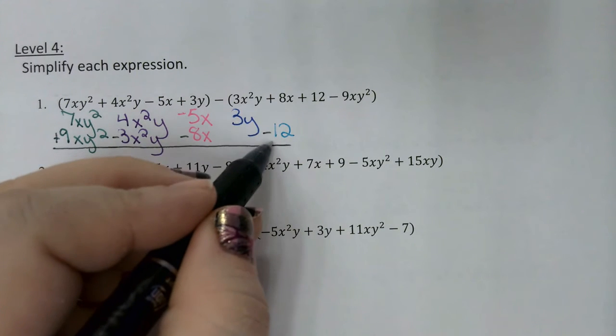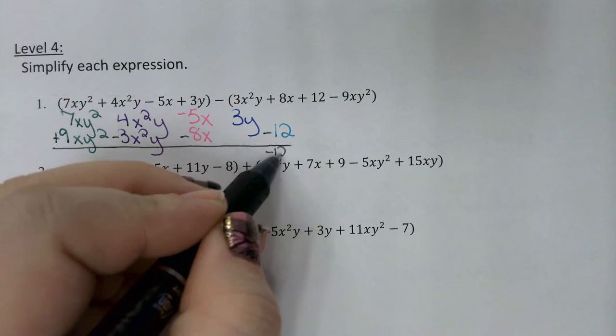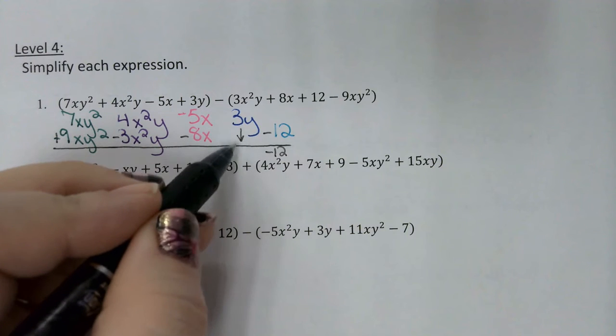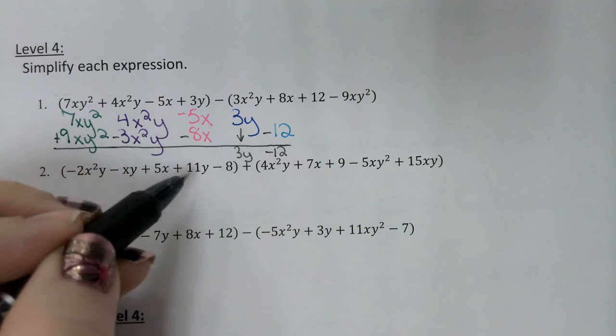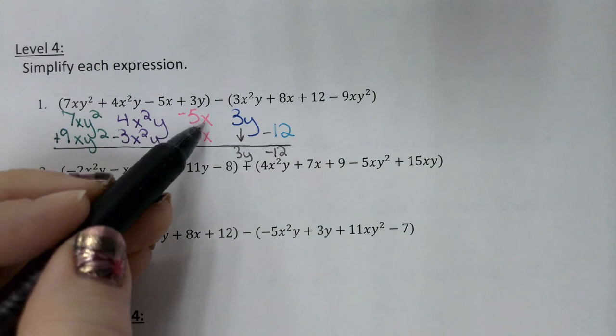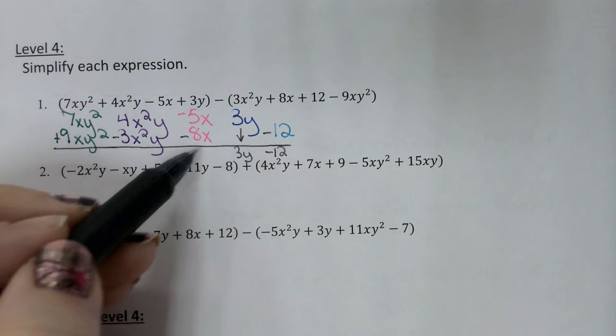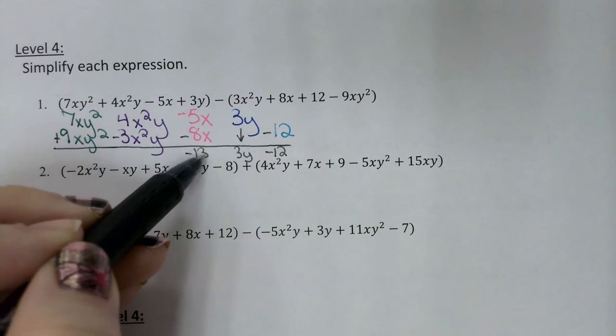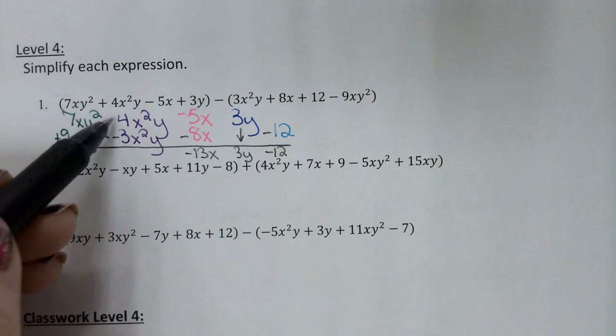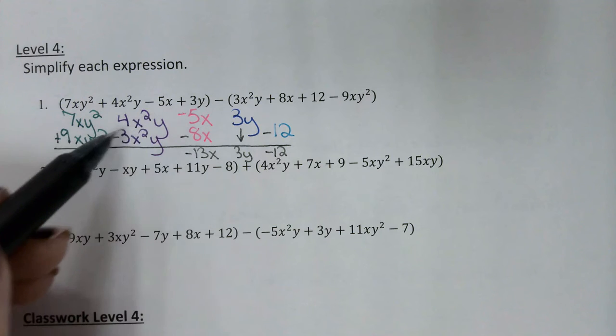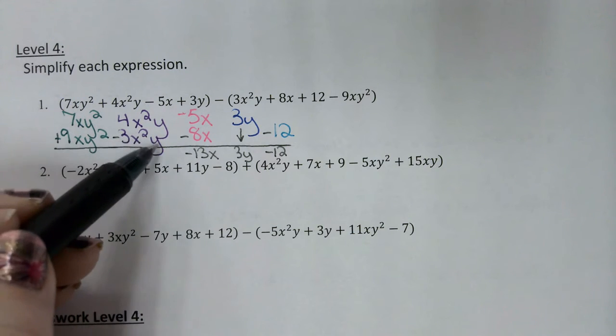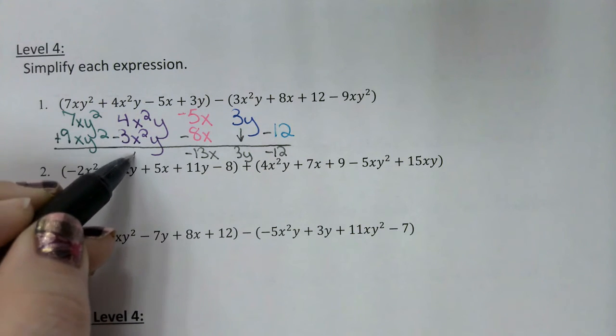Combining these terms, the negative 12 stays as negative 12. 3y stays as 3y. Negative 5x minus 8x gives me negative 13x. 4x squared y minus 3x squared y gives me 1x squared y.